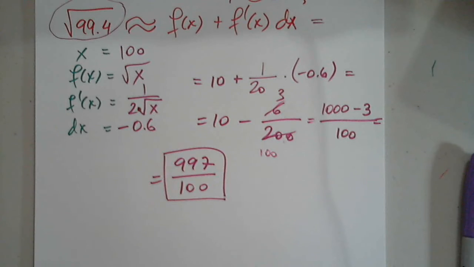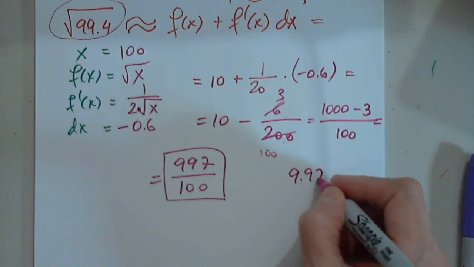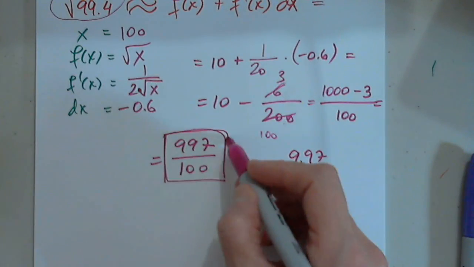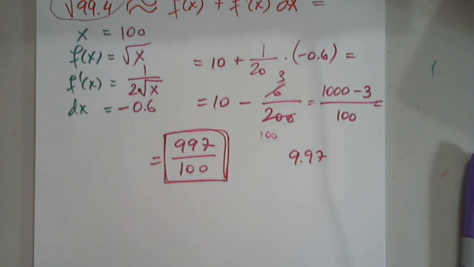Okay, so I have 9, and then 6, 7, 6, 9, it's 7. So this is our approximation. This is the exact. Good. So we know what this is, right? 9.97 because I divided by 100. That's all I need to show, that I use the line to approximate the square root, basically.